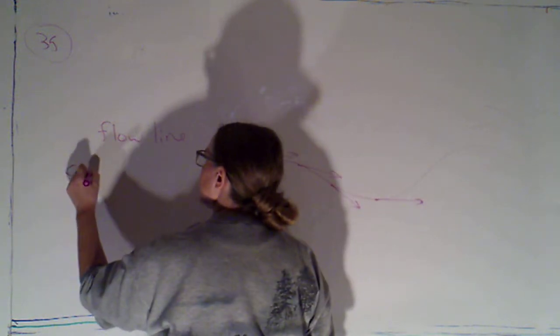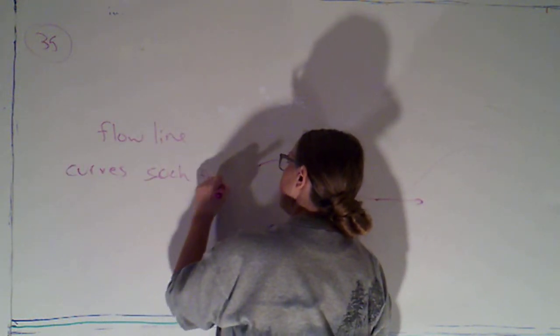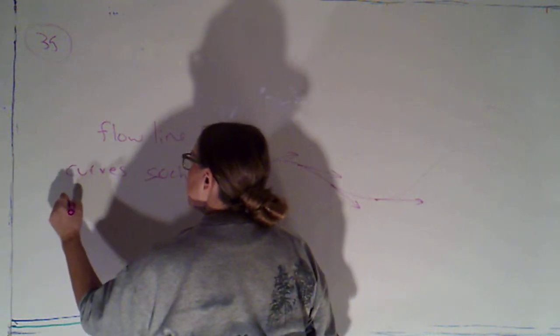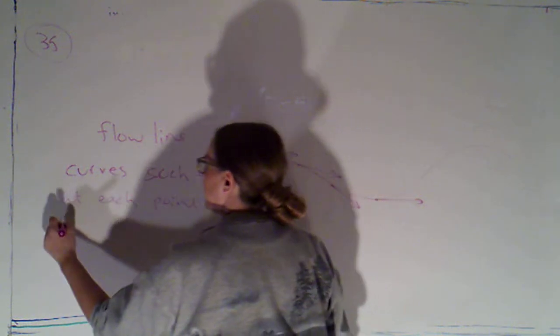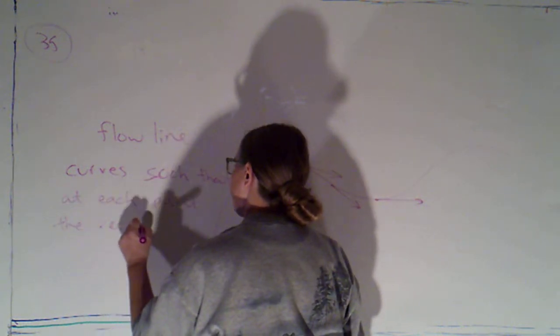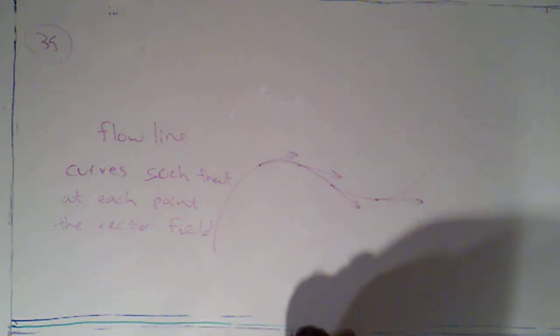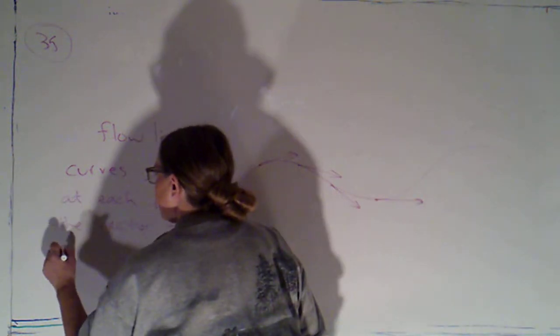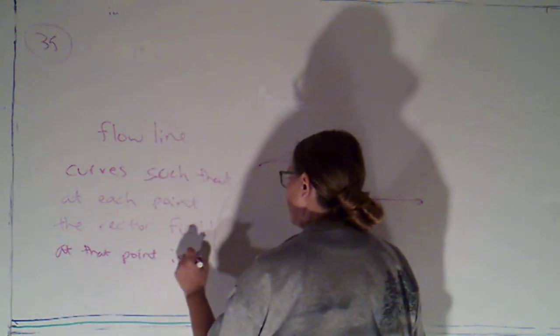So this is the curves such that at each point, the vector field at that point is tangent to the curve.